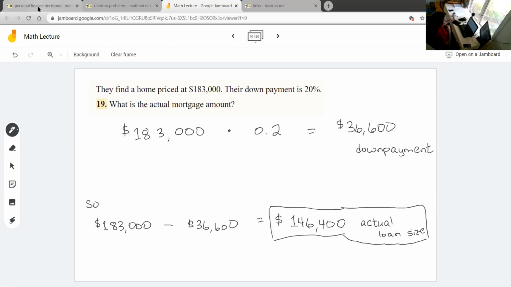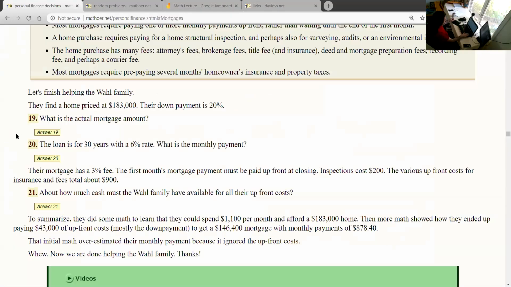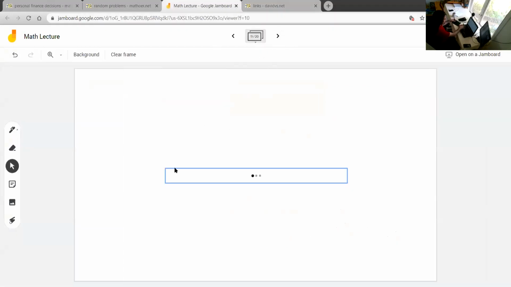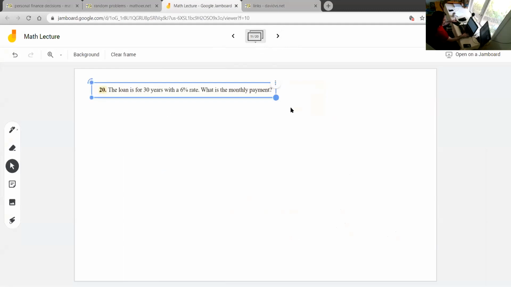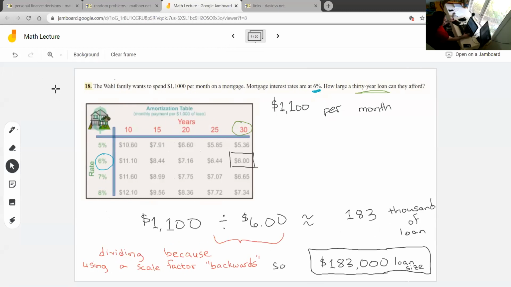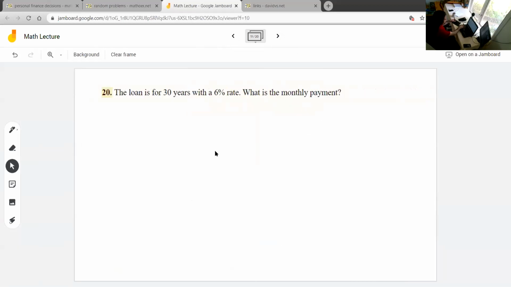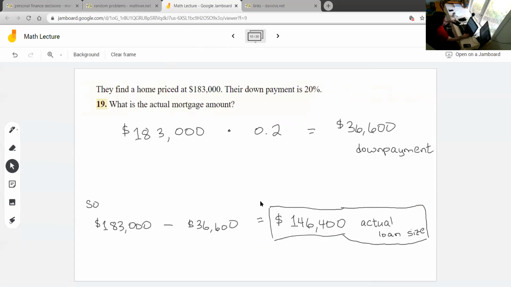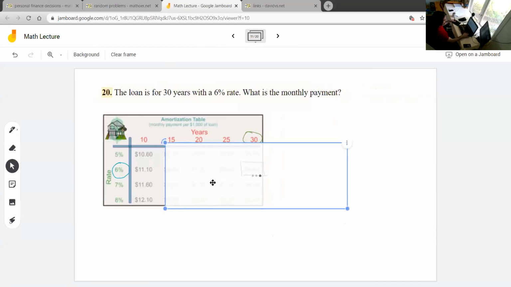Then there's more steps. The loan, as we mentioned before, is 30 years and 6%. So we had already taken this table with 30 years and 6% and looked at it. We had done that to get the 183,000. But our actual loan size is smaller because of that down payment.